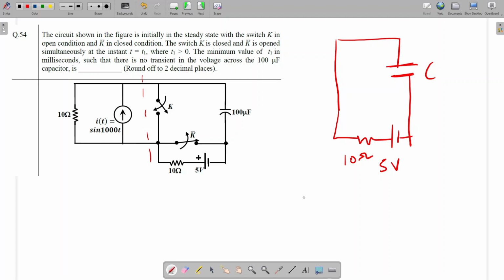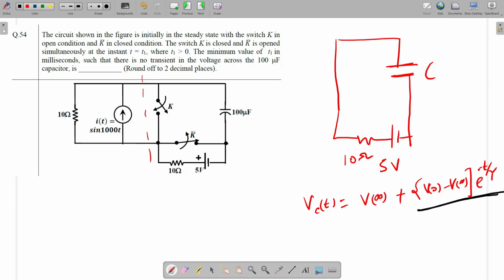So what is the capacitor voltage? Vc(t) is equal to V infinity plus (V0 minus V infinity) e to the power minus t by tau. It is asking that this part should be 0. How can it be 0? When V0 is equal to V infinity, then only this portion can be 0.